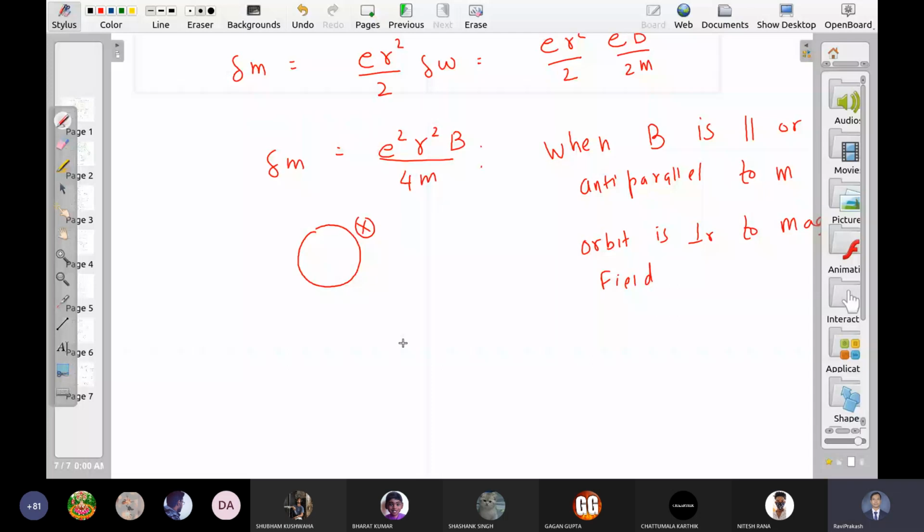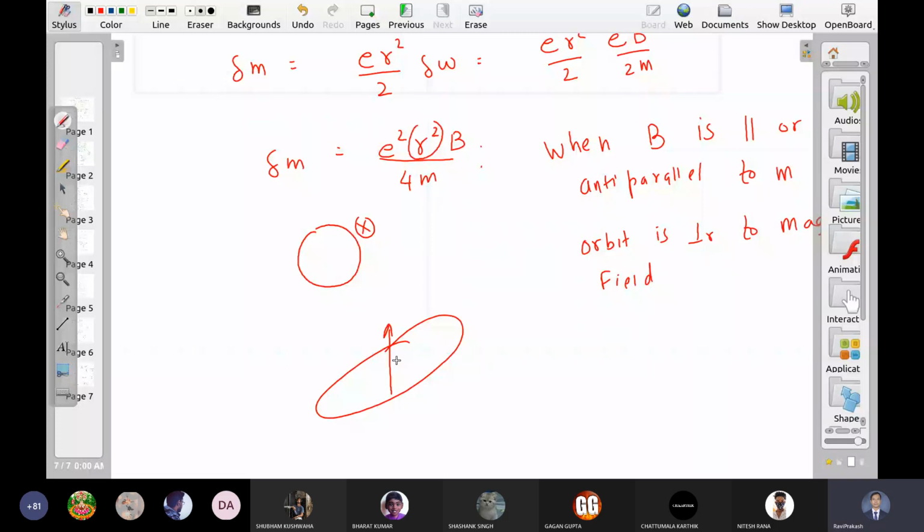What will we do in this case? So obviously this formula will get slightly modified. What kind of modification do we get? This r will get modified. So this is the actual r. What is the effective r?